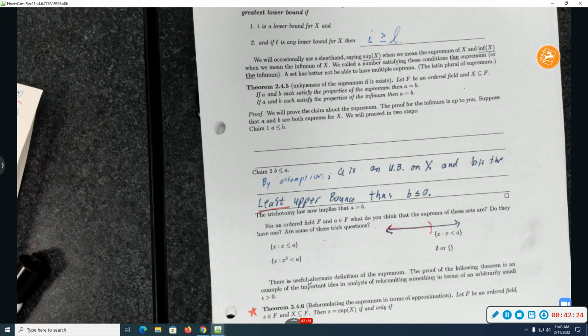So you don't want something that's bigger than A. Well, how about A? Is A an upper bound on that set? Yeah, and I don't think you could get any upper bound that's smaller than that. Maybe it takes a few tries to argue. Okay, I'm convinced that has supremum equal to A.